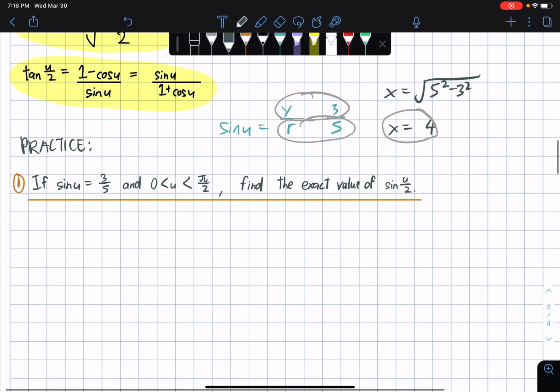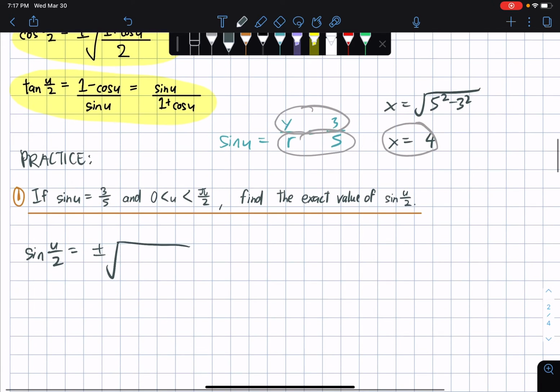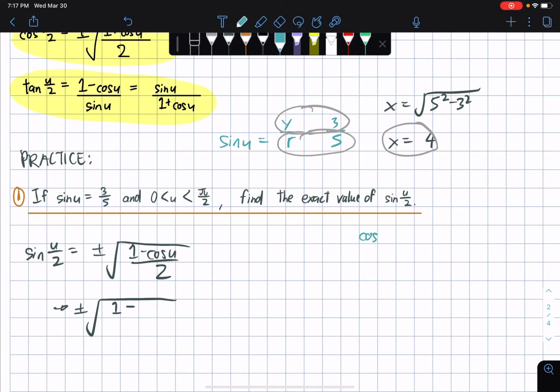Now, to find the exact value of sine u over 2, rewrite the formula to prevent any possible confusion. So plus minus the square root of 1 minus cos u over 2. Just substitute the values. Understand that cosine is basically equal to x over r, which is 4 over 5. So we can just write 4 over 5 here, then over 2.